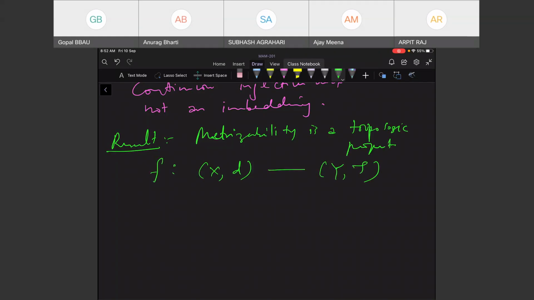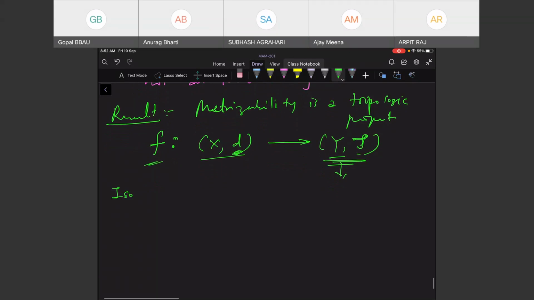If you have a map F from (X, d) to (Y, τ) which is a homeomorphism, then (Y, τ) will also be a metric space. So this is what you want to prove. Find a metric on Y coming from this homeomorphism and this metric d, and show that the topology generated by this metric is the same as τ. Okay, so this is one part.